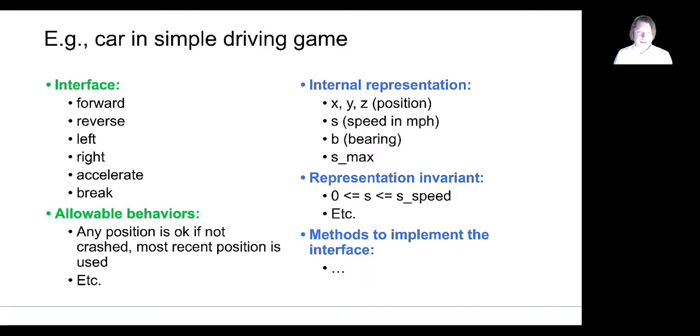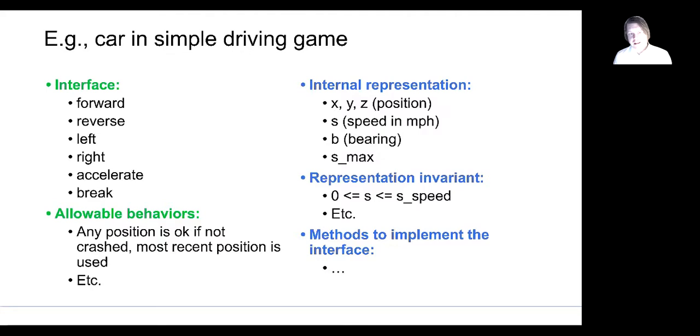Allowable behaviors could be that the car can navigate anywhere if the car has not crashed, and in terms of where that car is, we continue to just use its most recent position. The internal representation could be, say, the actual coordinates of that position, the speed in miles per hour or kilometers, the bearing, which direction it's going, as well as a maximum speed that the car could not exceed.